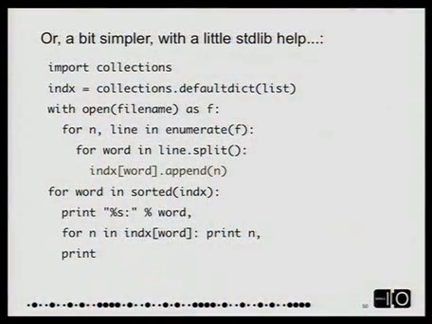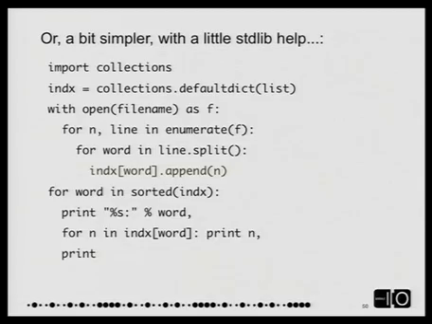In this case, we want to call the type list without arguments to make an empty list and set it there. So once we've made a collections defaultdict of list instead of a plain dictionary, we can simply use index[word].append(n) instead of having to go the complicated setdefault route. Every other bit of code in this slide is just the same.